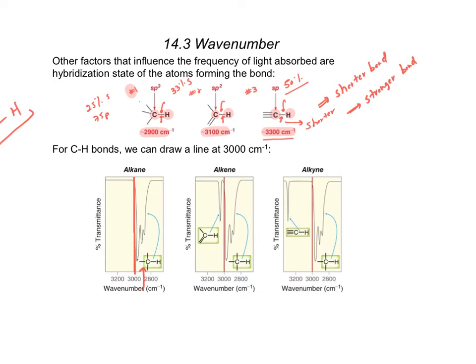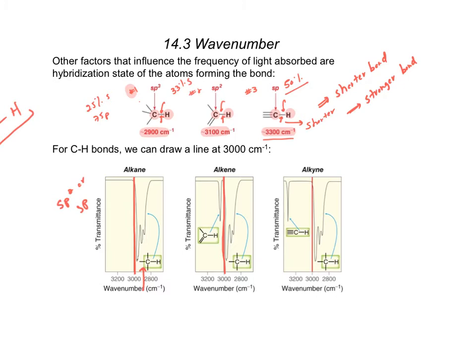So again, at 3,000, if everything is over to the right, then we know that we don't have any sp2 or sp hybridized carbon-hydrogen bonds, right? But if we draw that line and we do get stuff to the left, then we know, especially if it's at 3,100 or at 3,300, that there is an sp2 hybridized carbon-hydrogen bond or an sp hybridized carbon-hydrogen bond.